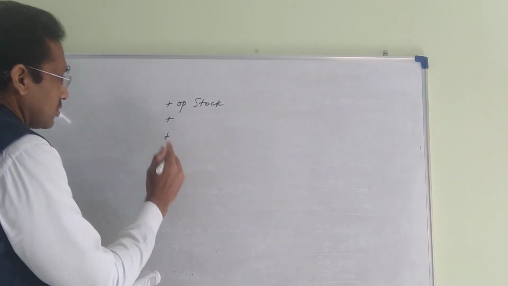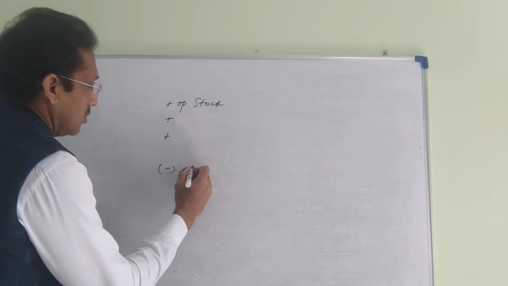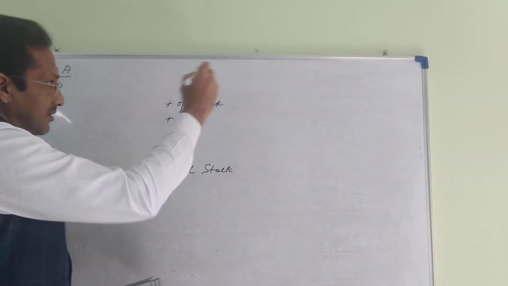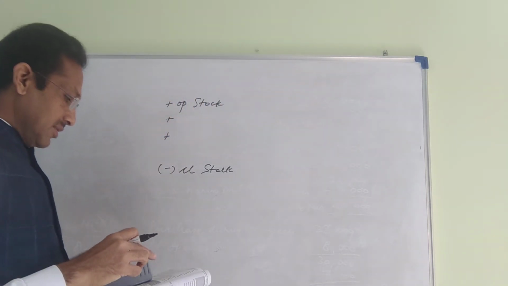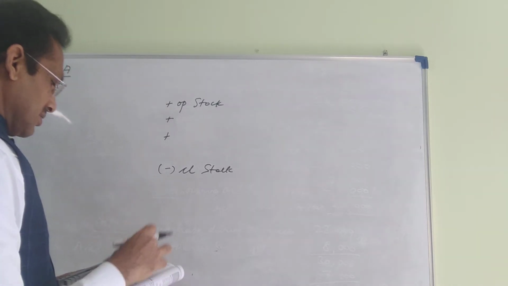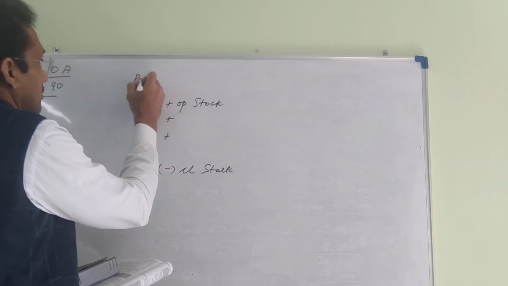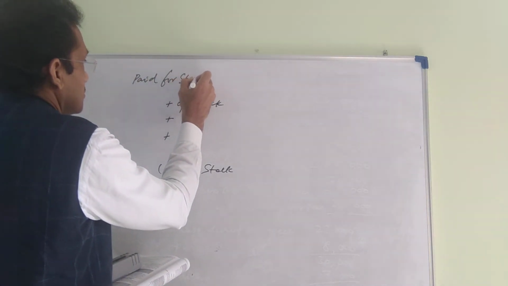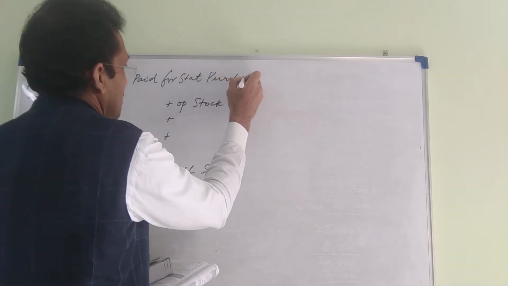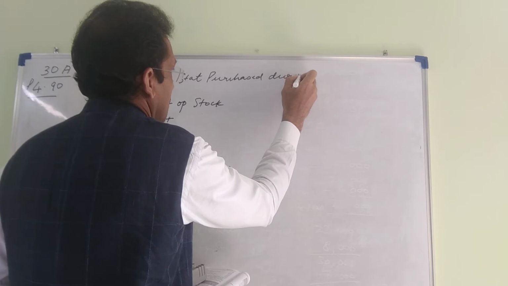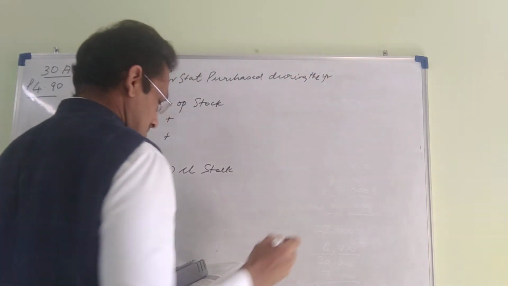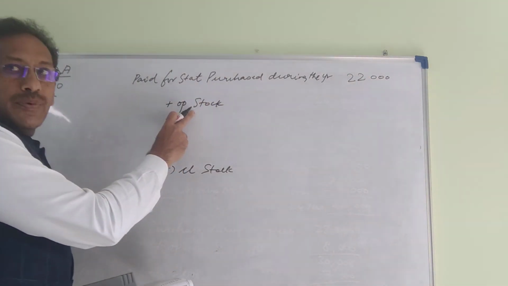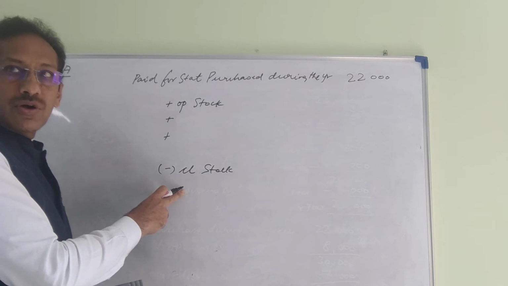Look, opening stock we add and closing stock we minus. Correct? From whatever the purchases, whatever the amount paid for stationery purchased during the year, that is 22,000, we will add opening stock and we will minus closing stock.